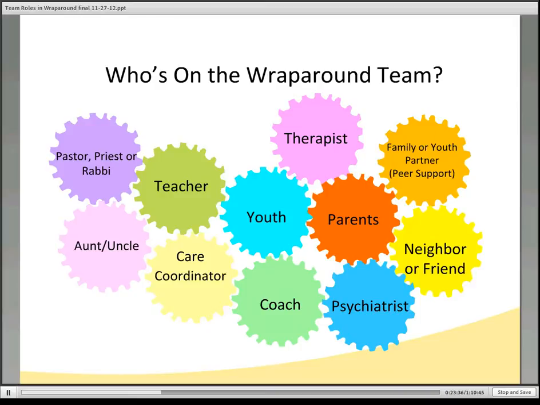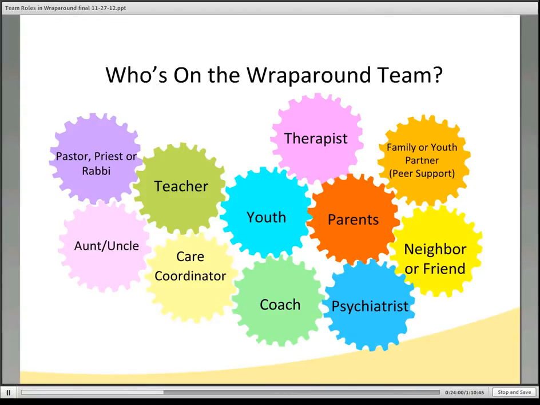So you would have the youth and their parents, the family or youth partner, peer support, a neighbor or a friend, the therapist, the teacher, if they're involved in a religious organization, maybe the pastor, the priest, or the rabbi, the aunt or the uncle, the care coordinator or facilitator, maybe the coach for the family, and also the psychiatrist.